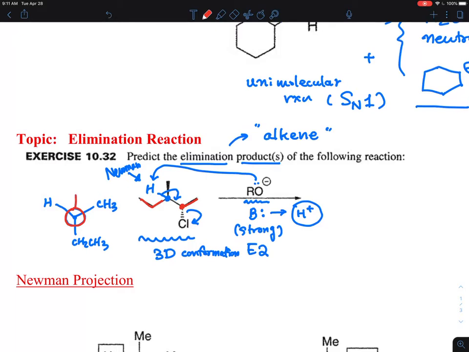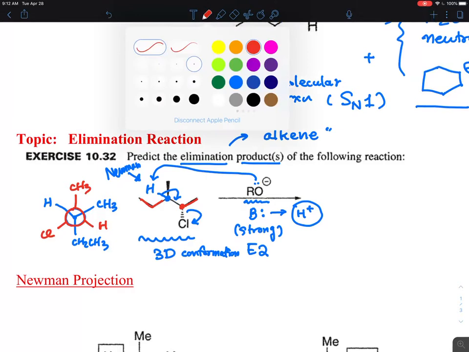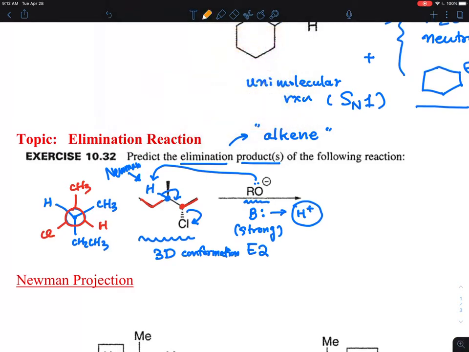So that will be a methyl. And then if this is a methyl, then chlorine is on this side, and hydrogen on the other side. And as you anticipate, this hydrogen, and that's the chlorine.